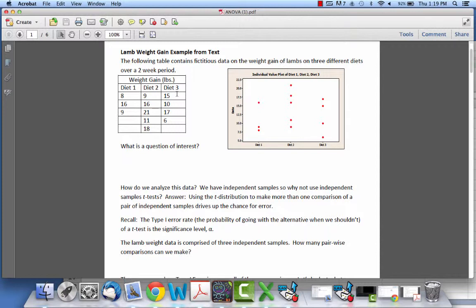But what happens is you're ramping up your error. If I run a t-test with 5% as alpha each time, then I've got a 5% chance of a type 1 error on the first comparison between 1 and 2. I have a 5% chance of type 1 error between 2 and 3. I have 5% chance between 1 and 3. And really, there's some intersection.